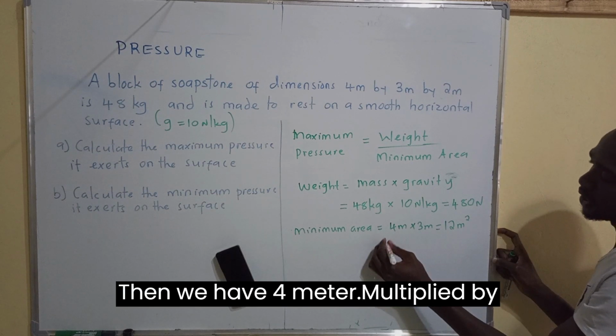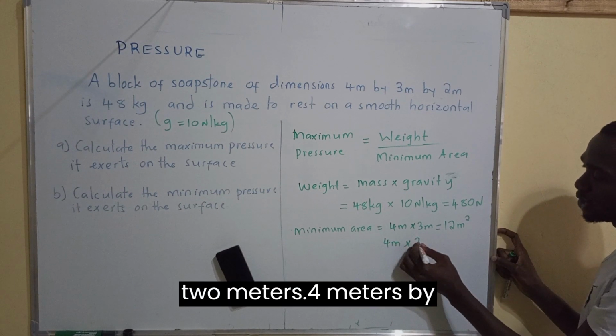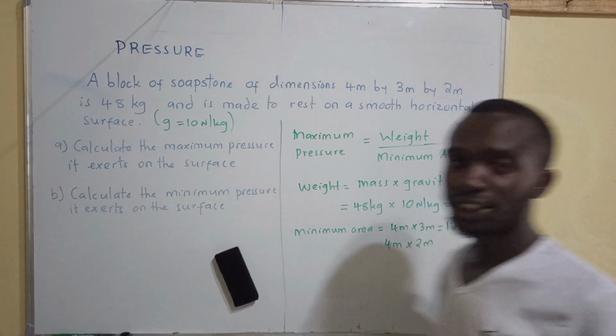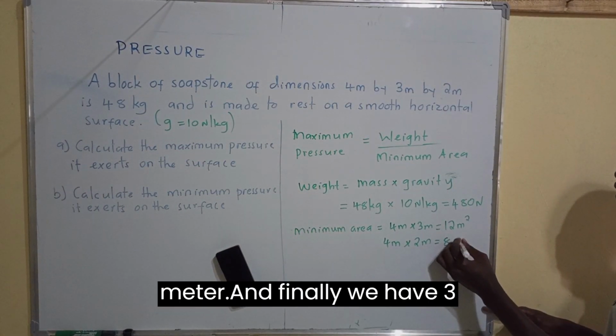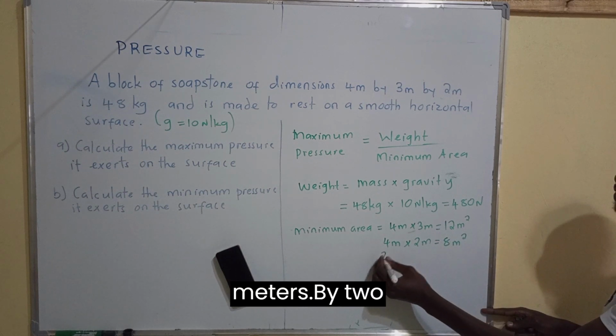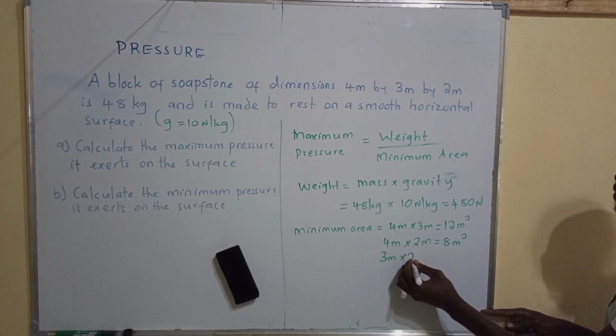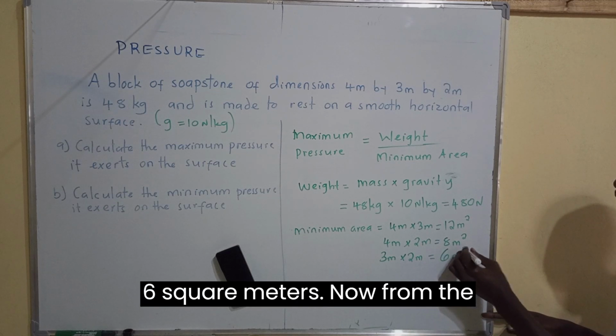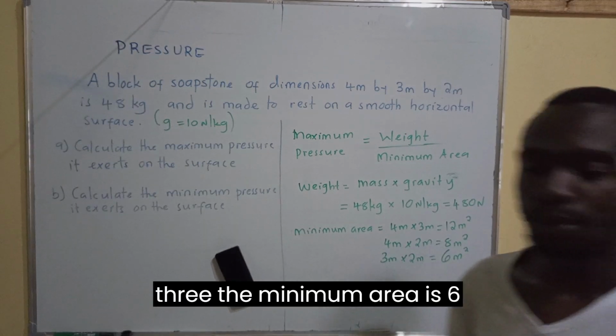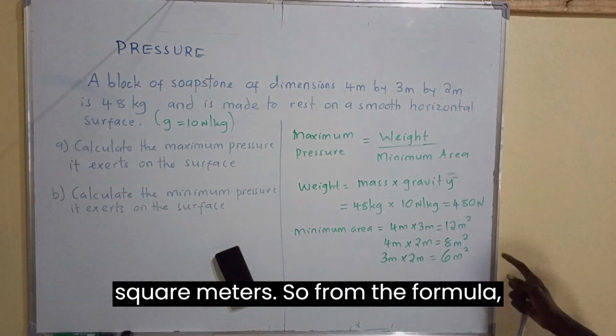Then we have 4 meter multiplied by 2 meters, this one gives us 8 square meter. And finally, we have 3 meters by 2 meters. This one gives us 6 square meters. Now, from the 3, the minimum area is 6 square meters.